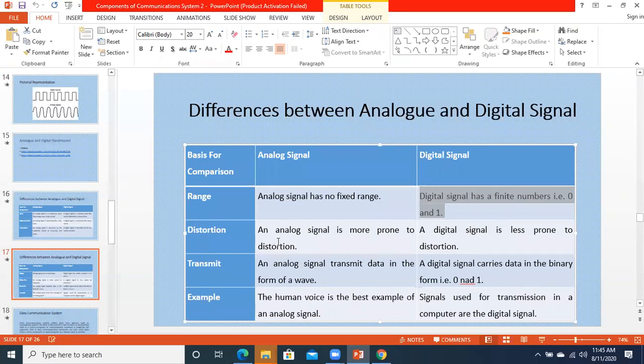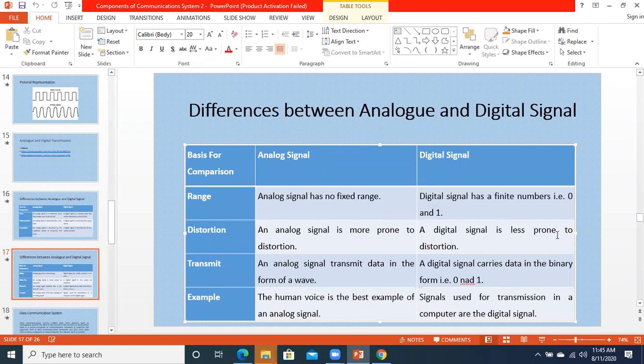The analog wave has a problem: distortion. Distortion means the signal could be disturbed by noise and other environmental factors. They can affect it. This point is very important. That's why its quality is not that good.